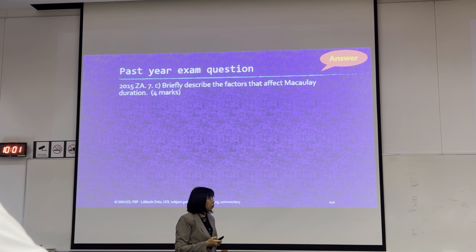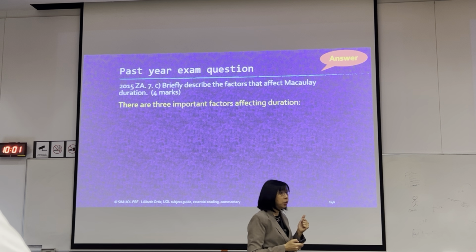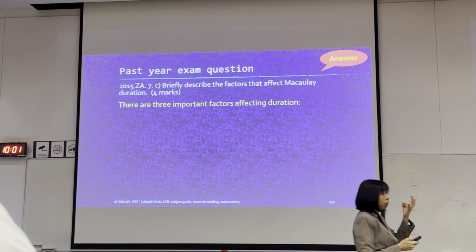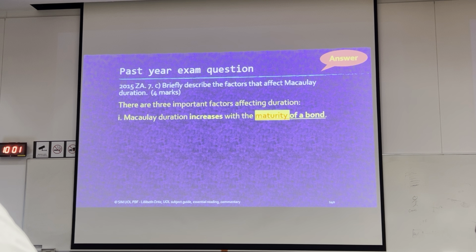So to answer that question, you need to talk about three factors that affect duration. The maturity of a bond increases the duration. So the longer the maturity is, the higher your duration will be, right? Because again, it's an average life.